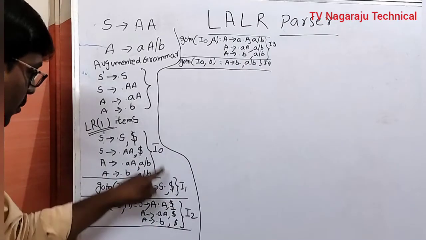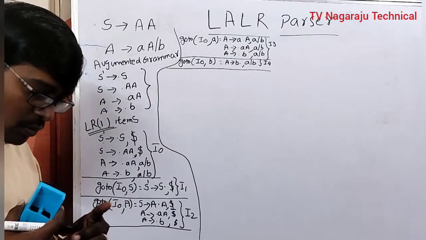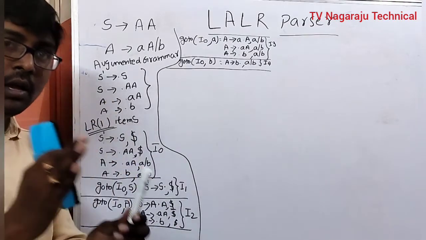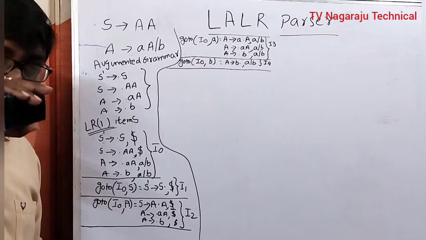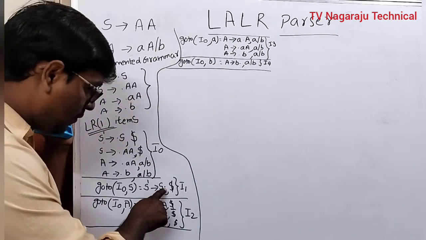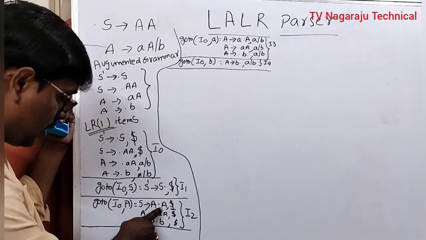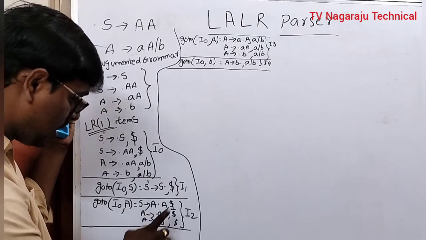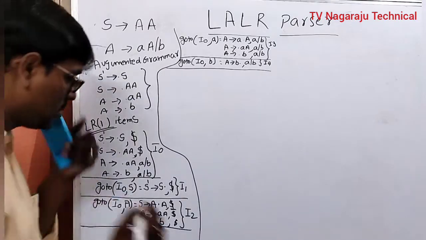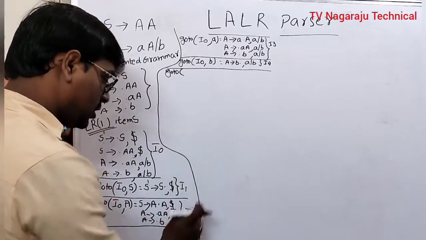Next, check move to I1. Is anything present in I1? That means what we have to check: a dot followed by either a terminal or non-terminal. You have to write the go-to statement. Here, after the dot nothing is present, so ignore this one. But coming to here, we have capital A, small a, small b present, so write down that one. Go to on which state?